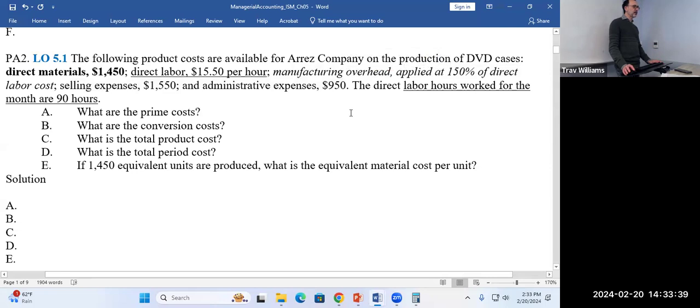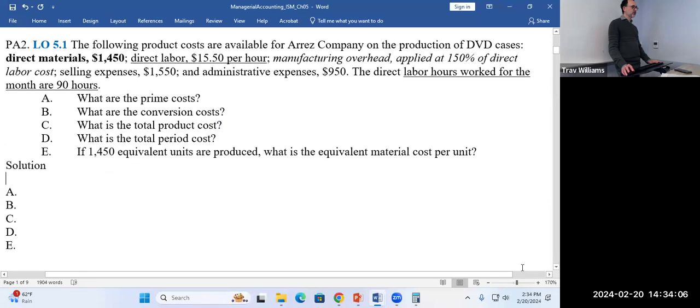So you're going to need all that information to answer these questions. What are the prime costs, conversion costs, total product costs, period costs, and then equivalent material cost per unit if we have 1,450 units. Okay, so go ahead, take 3 minutes or so to work on that.